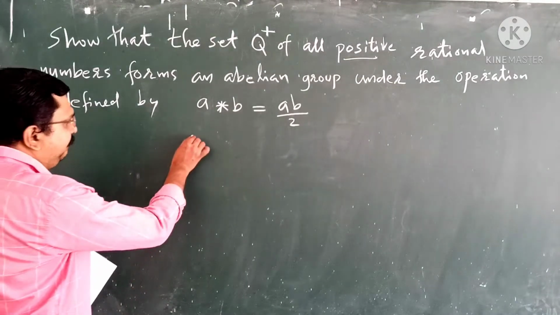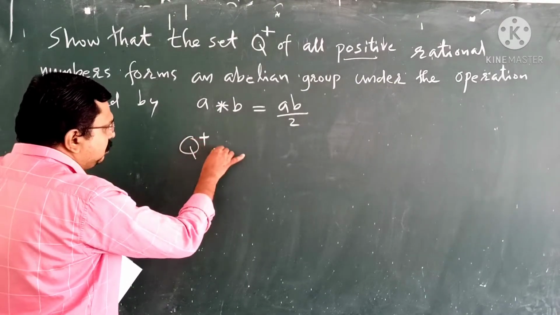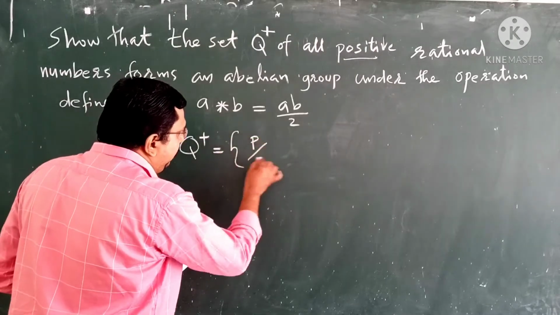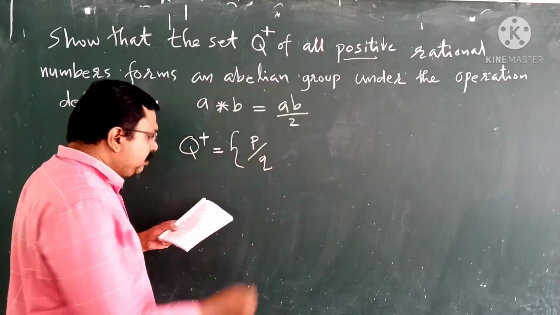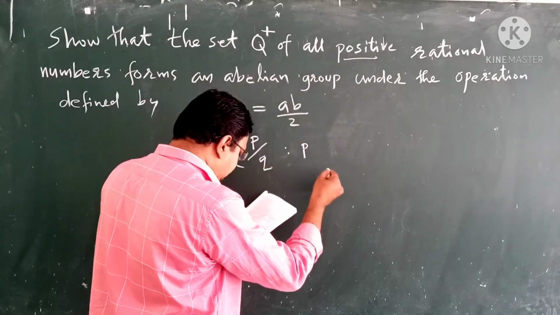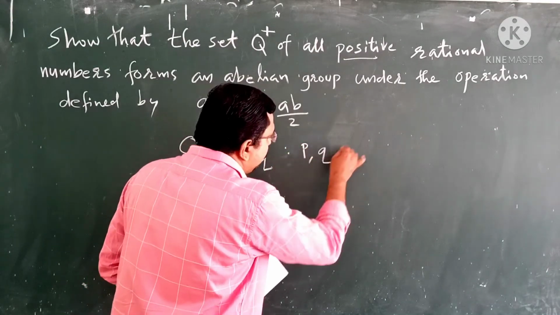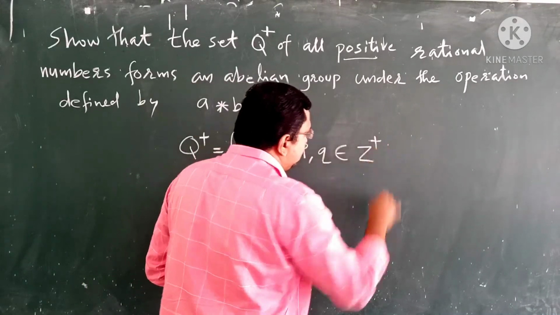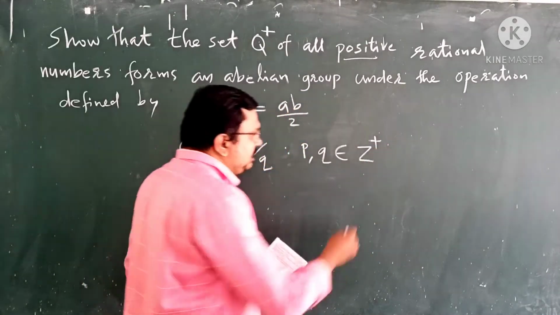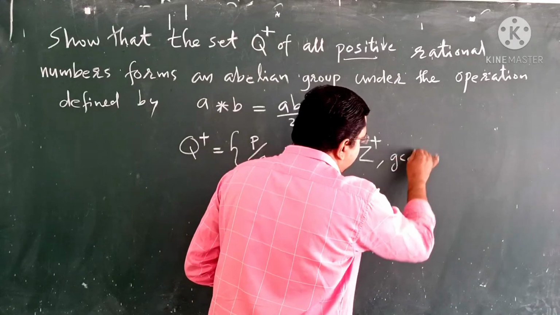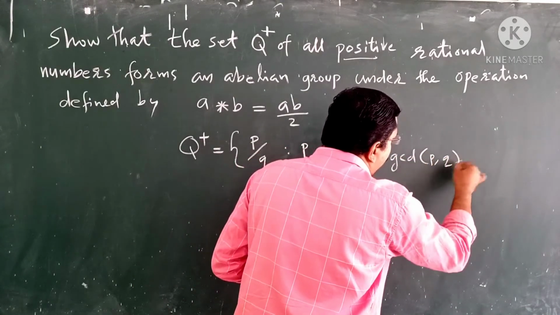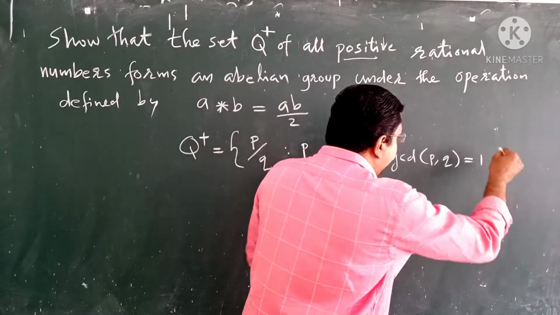Note that we can define Q plus. Q plus is equal to the set of p by q such that p, q belong to Z plus and GCD of p, q is equal to 1.